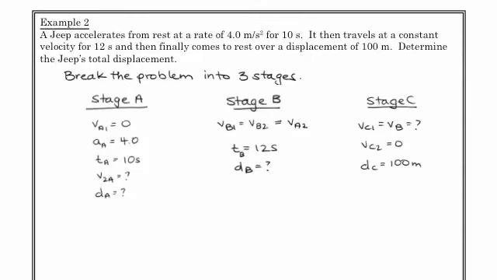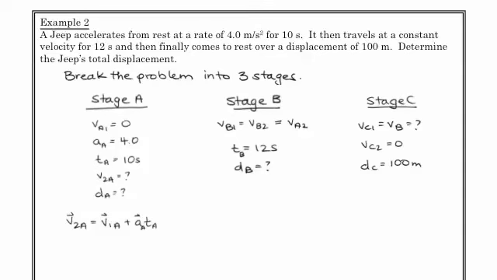And then finally in Stage C, we know a few things. We know that it comes to rest. We could probably find the acceleration. But really, those things aren't going to be important because we're just looking for the total displacement. In the last stage, it tells us that the total displacement is 100 meters. So that's kind of a gimme in this case.